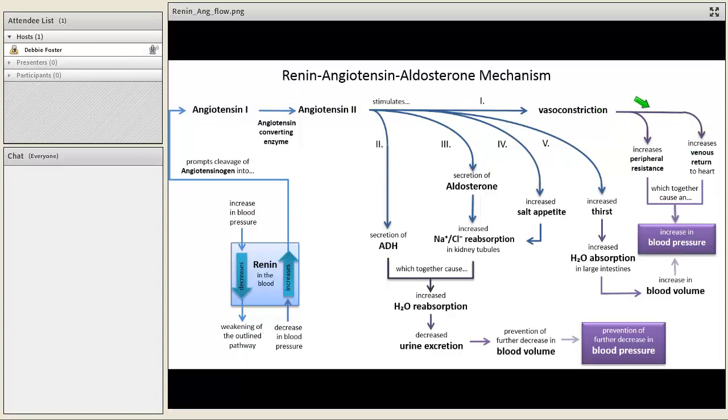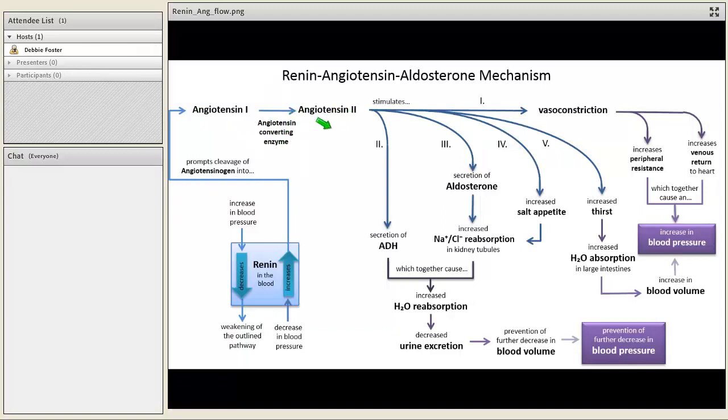Now, like I said, this can look really complicated, but what you need to understand is that this system is almost like a cascade reaction. Renin is released due to low blood pressure. That enzyme converts angiotensinogen into angiotensin 1. As angiotensin 1 once again goes through the lungs, there's another enzyme there that will convert it to angiotensin 2.